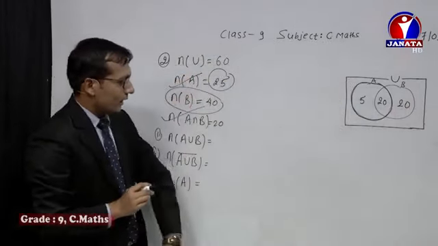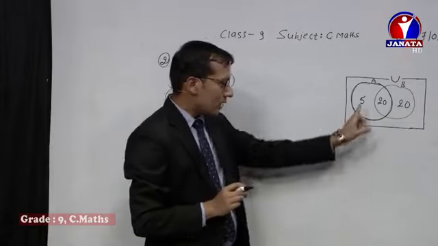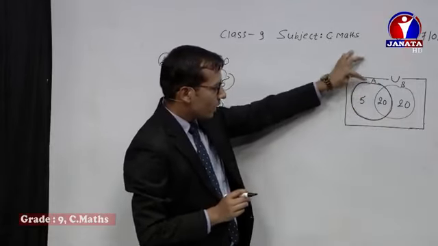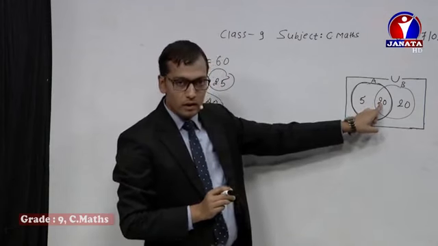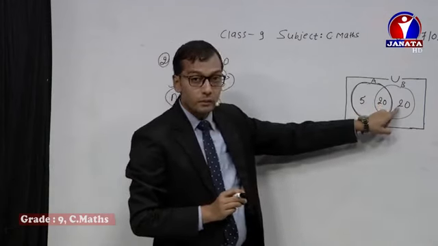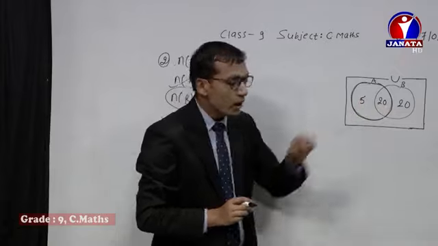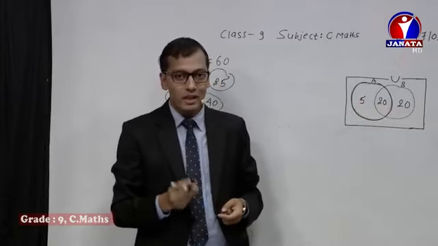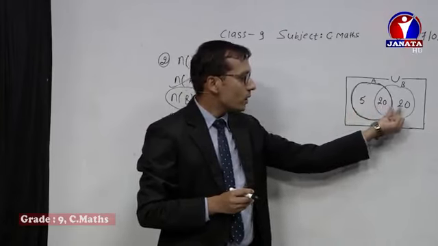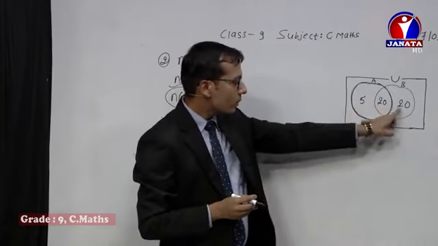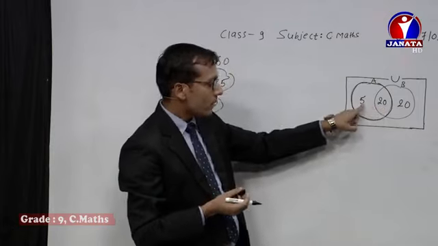Now let's look at this union. A union B is the sum of n only A plus intersection plus n only B. So if we add these three numbers which are inserted in the diagram, 5 plus 20 plus 20, what is 20 plus 20? It's 40, plus 5 is 45.